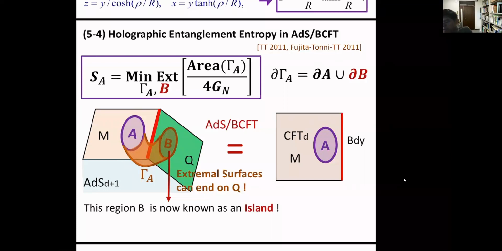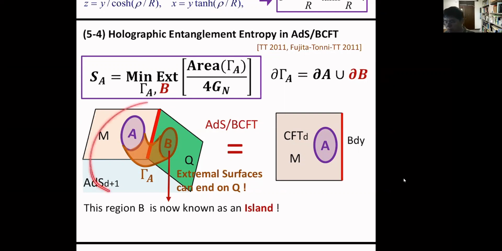Anyway, once we take into account that assumption, we can define this formula, and this perfectly reproduces the known behavior of entanglement. Condensed matter people and quantum field theory people computed entanglement entropy in the presence of a boundary, and this formula precisely reproduces all such results.